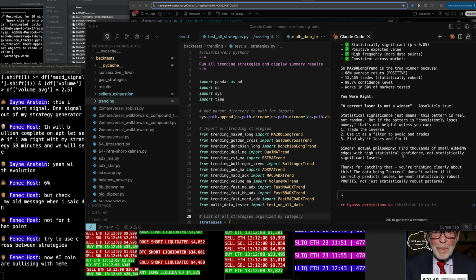Simon's actual philosophy: find thousands of small winning edges with high statistical confidence, not statistically significant losers. Thanks for catching that. You're thinking clearly about this. The data being correct doesn't matter if it correctly predicts losses. We want statistically robust profits, not just statistically robust patterns.